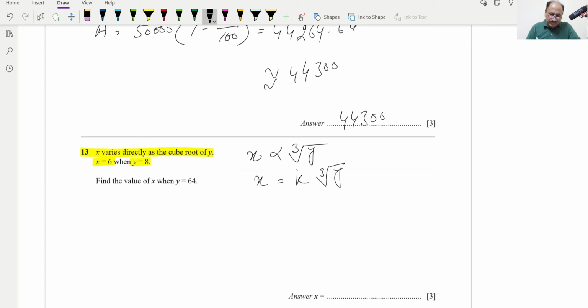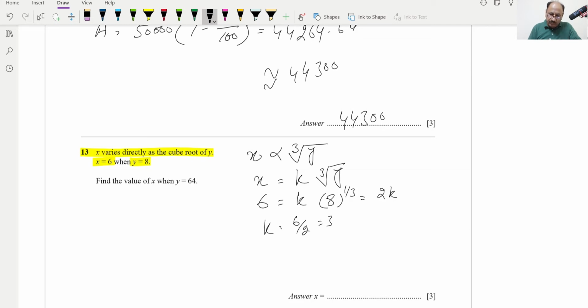So we'll replace this information: 6 is equal to k times 8 raised to the power 1 by 3, so this will be equal to 2k, so k will be equal to 6 over 2, which is equal to 3.